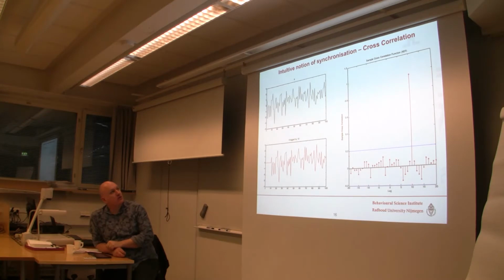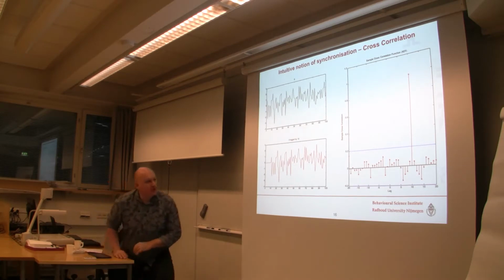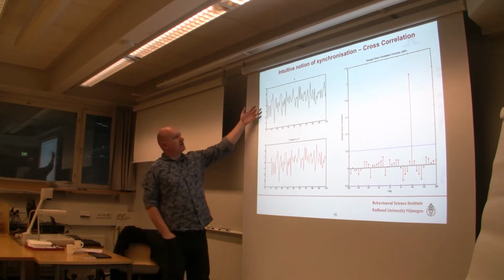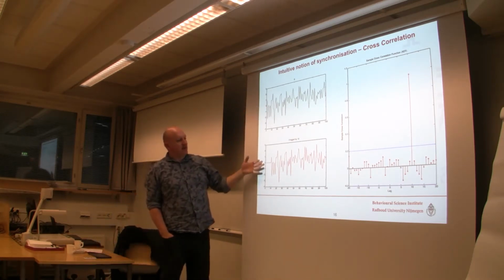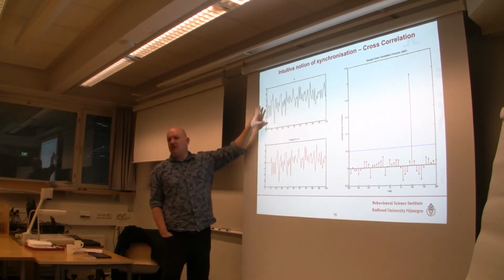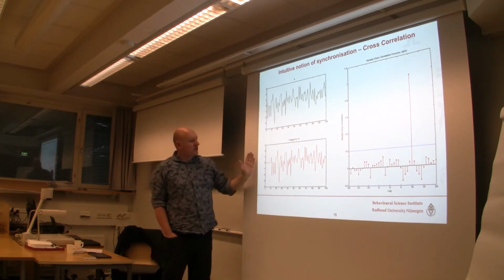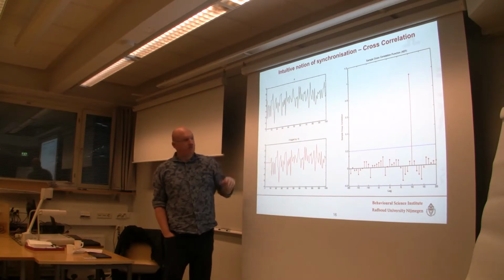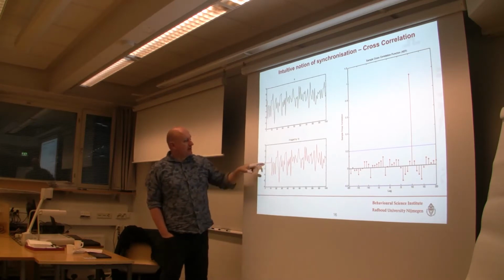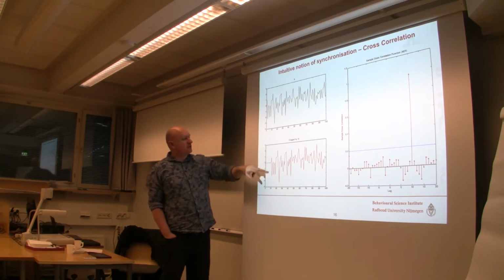Now, an intuitive notion of synchronization you might get by looking at cross-correlations. So, for example, here I have a time series, and this is another time series, and it's actually exactly the same thing. I just shifted it 10 time points into the future and made this just 0. So this thing is repeating exactly after 10 time points.